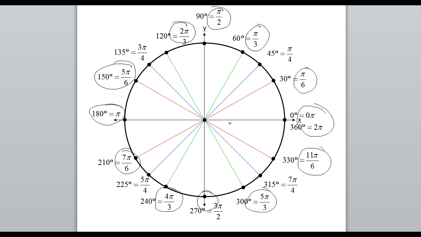So if I look at just the 30-degree angles, if I count in sixths, I go 1, 2, 3, 4, 5, 6, 7, 8, 9, 10, 11, 12 sixths. And obviously we're going to simplify the fractions when we can. And you're going to do the same thing with the other measures.